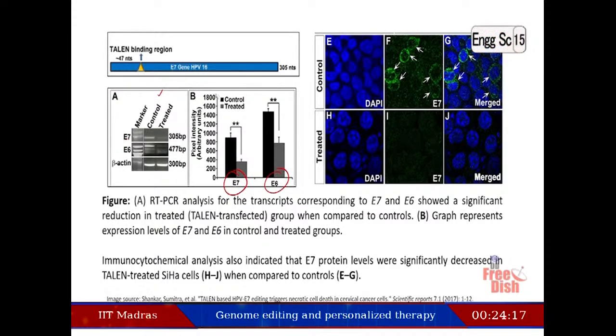Immunocytochemical analysis also indicated that E7 protein levels were significantly decreased in TALEN treated cells when compared to the control, from E to G.